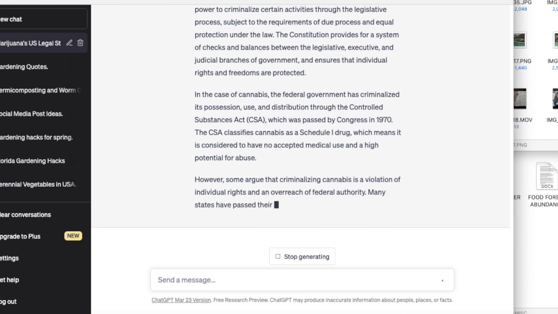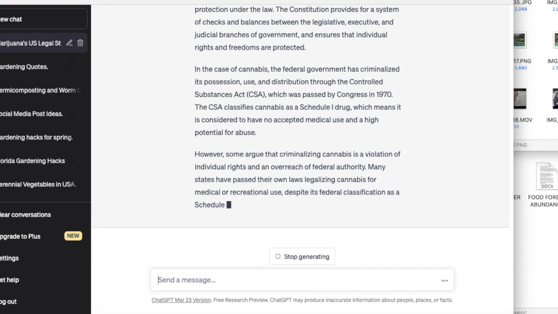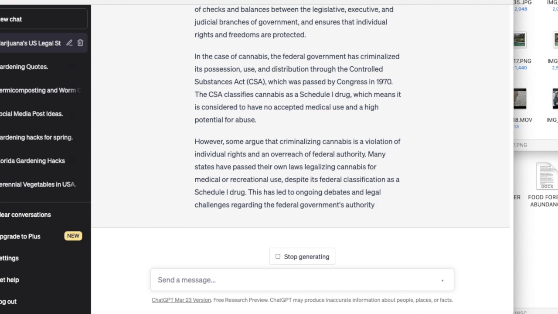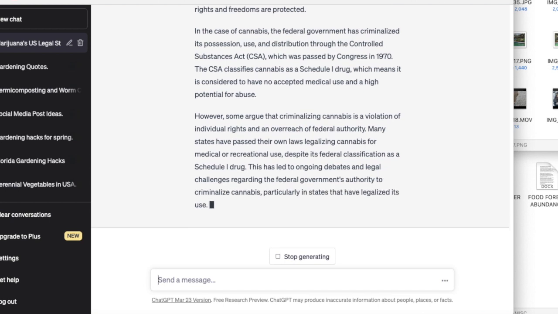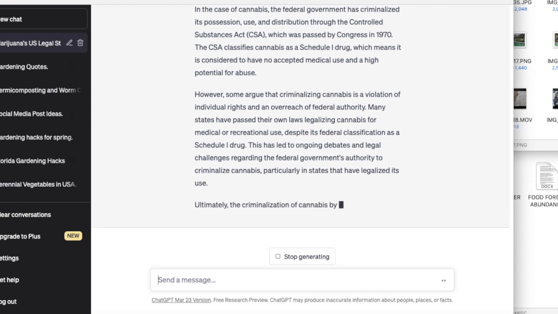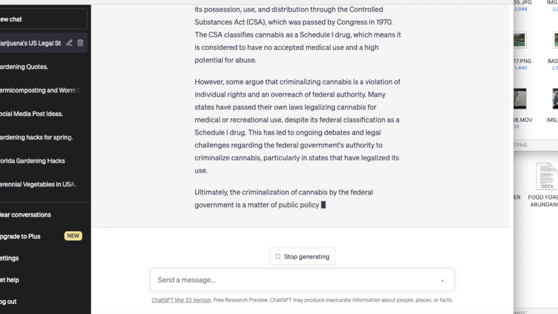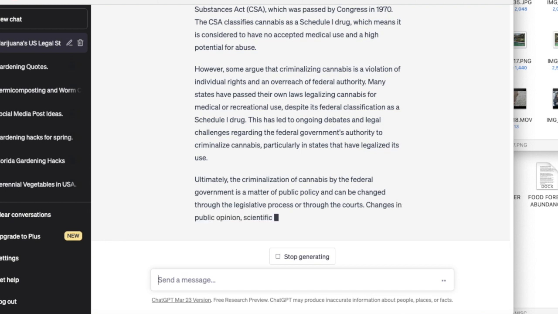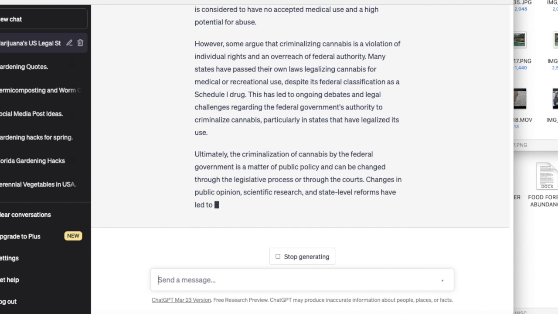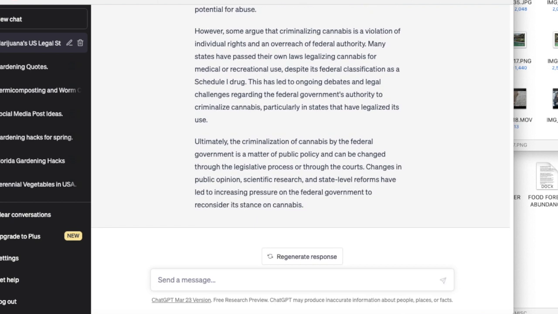It's contradicting itself now. However, some argue that criminalizing cannabis is a violation of individual rights and an overreach of federal authority. Yes, many states have passed their own laws legalizing cannabis for medical or recreational use despite its federal classification as a Schedule I drug. This has led to ongoing debates and legal challenges regarding the federal government's authority, yada yada.